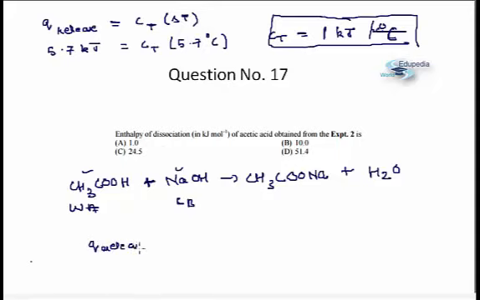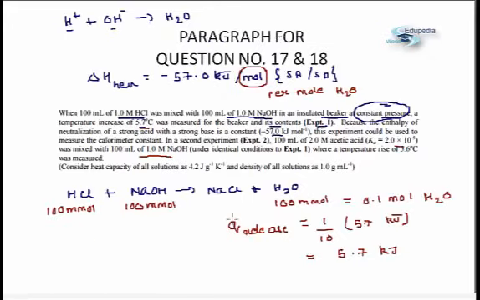Q release can be easily calculated, as I have already calculated the value of CT and delta T has been given to me. If I substitute both the values, I will get 5.6 kilojoule as the total heat released. But this 5.6 kilojoule, if I take you back to the question again, see, we had taken 100 milliliter of 2 molar acetic acid.